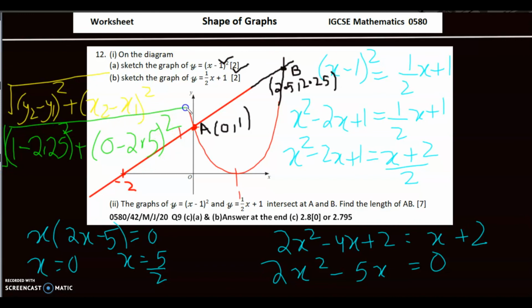I'll enter the whole thing in my calculator and I'm getting 2.795. And when we round it off to 3 significant figures, we're getting 2.80. That's the final answer.